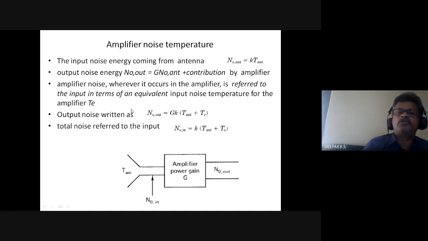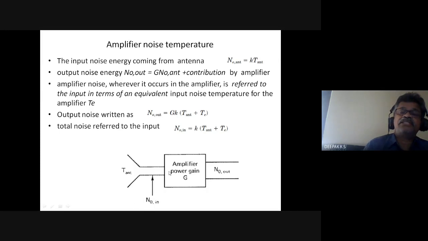And so this N naught out is written like this, and the total noise referred to the input will be the noise here divided by G, which is now referred to as N naught in.